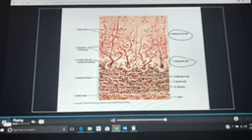The basket cells are interneurons, and their neurotransmitter is GABA. Along with the Purkinje cells, they also secrete GABA. Remember, folks, that's an inhibitory neurotransmitter.